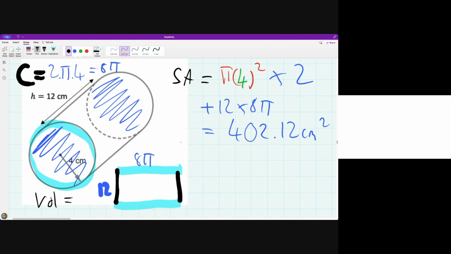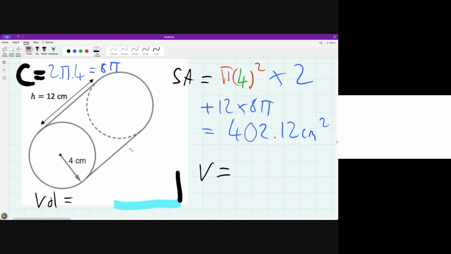Okay, what's the volume for the last question for today? What's the volume of this shape? Pi r squared times how deep it goes.